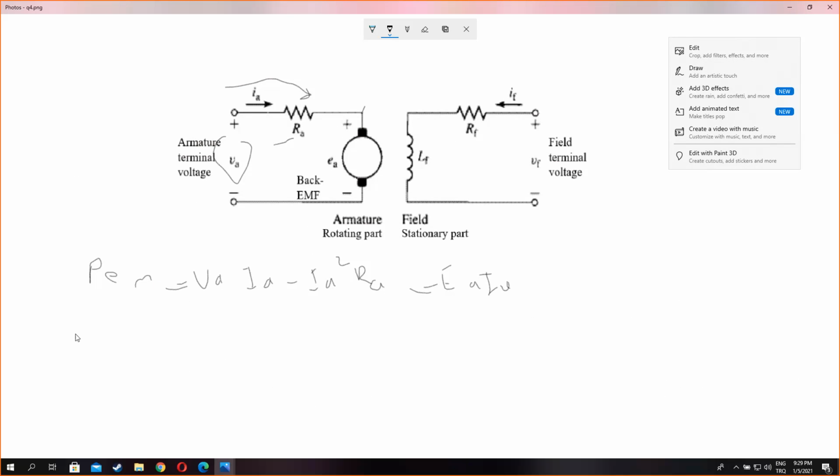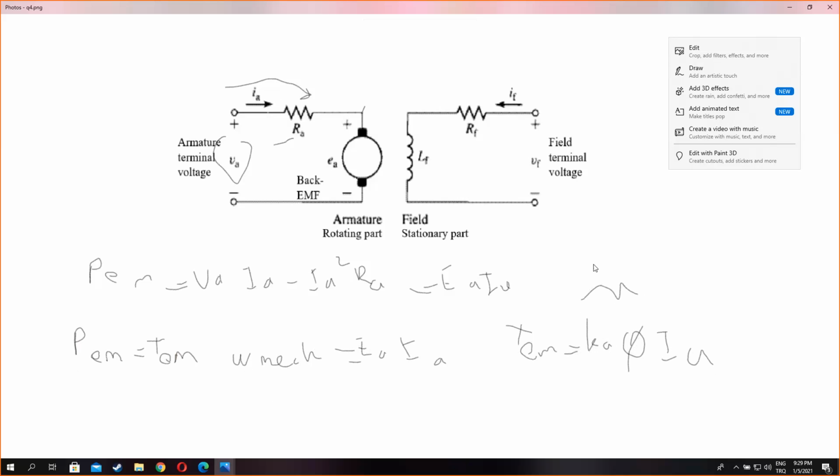So also we know that the power is equal to torque EM times omega, which is found as EA IA. So in conclusion, TEM is equal to KA phi IA. And this is the same machine constant.